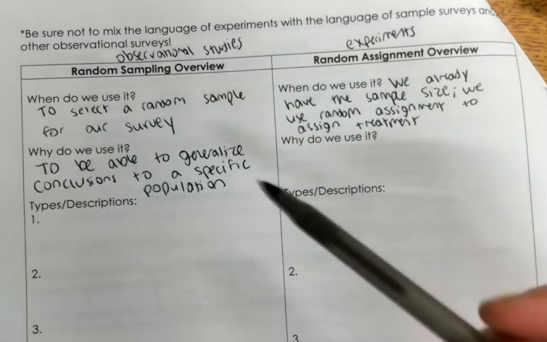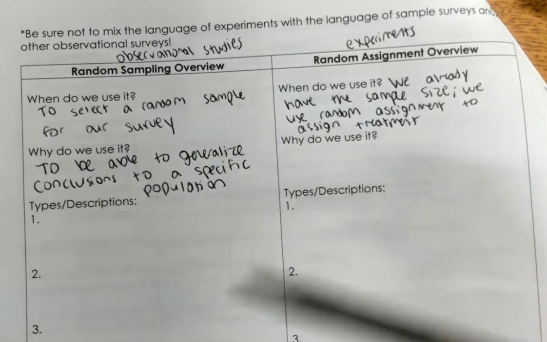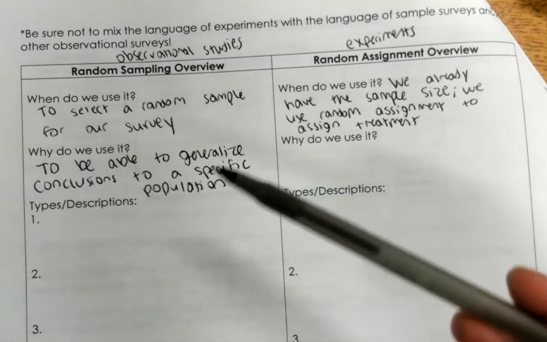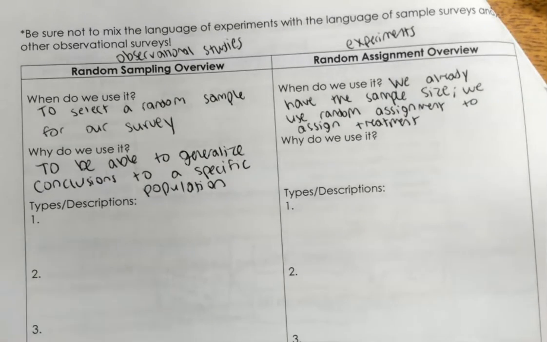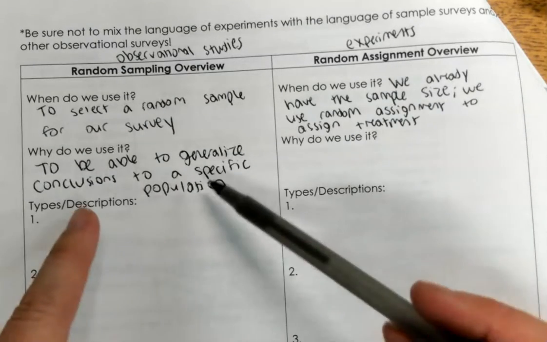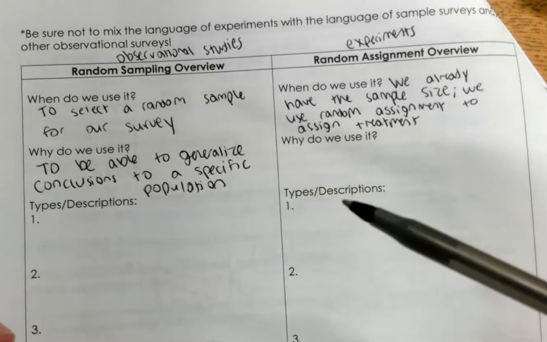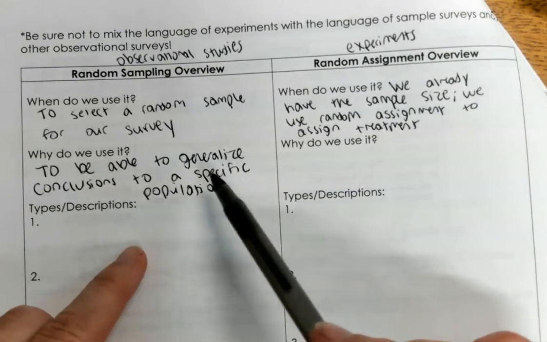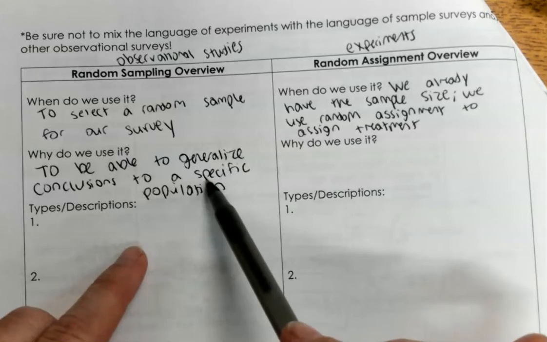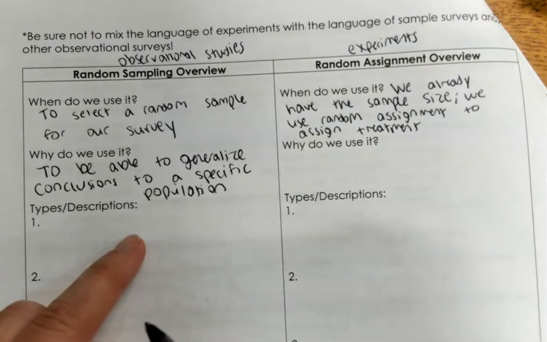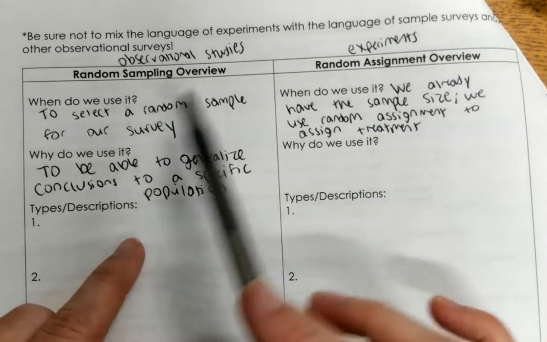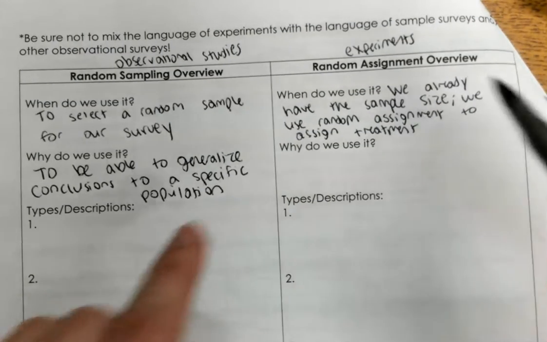So we need to be able to generalize, so that has to do with like the selection bias, right? If we don't randomly sample, we fall prey to sample bias, right? Selection bias. Sample bias and selection bias are essentially names for the same thing. So we need to be able to generalize conclusions about our findings back to our population, and we can't do that unless our sample was random.